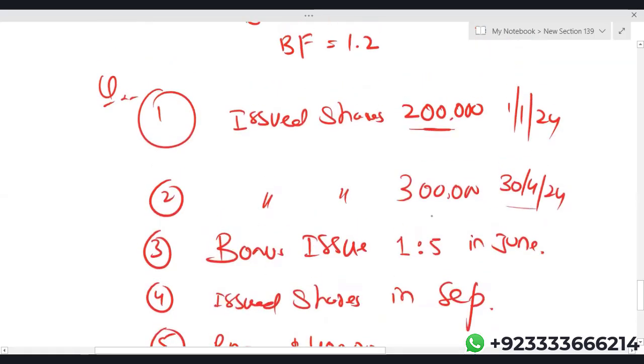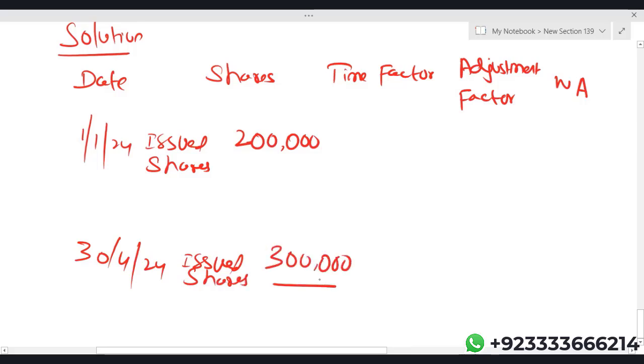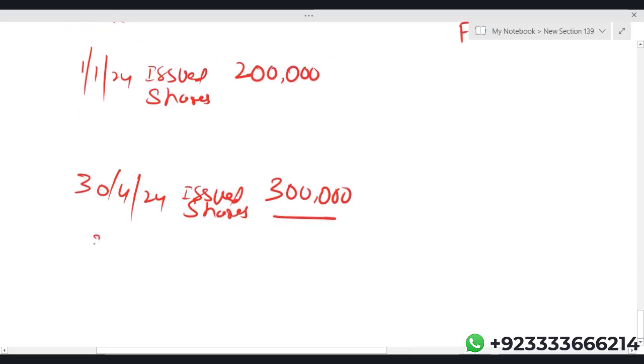Then on 30th April, 3 lakh shares they have issued more. It means we can say that on 30th April 24, total shares are 5 lakh.